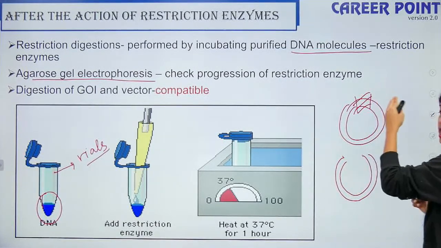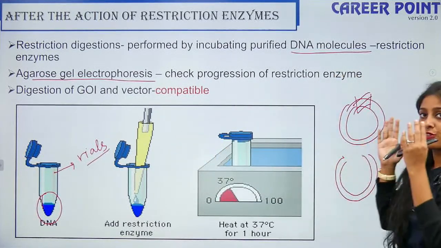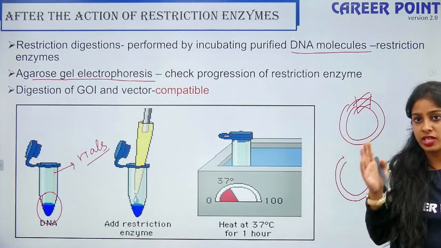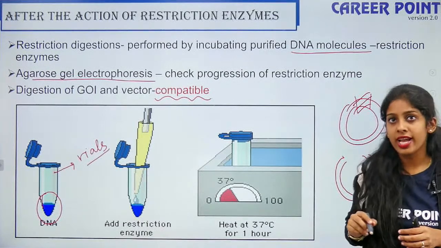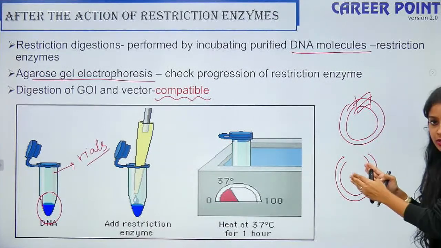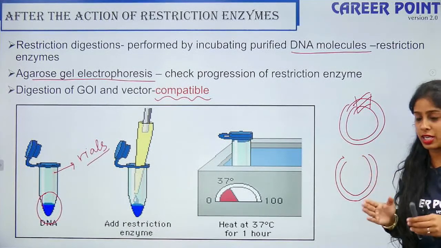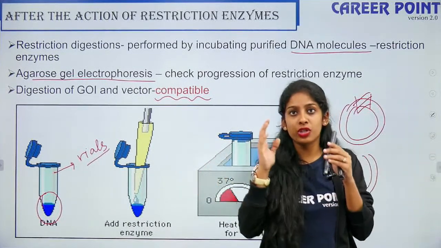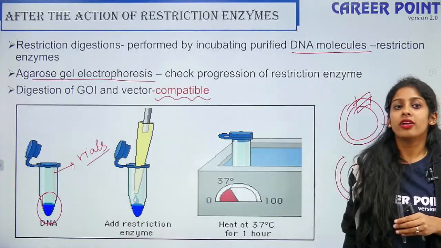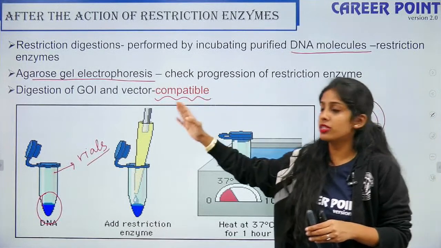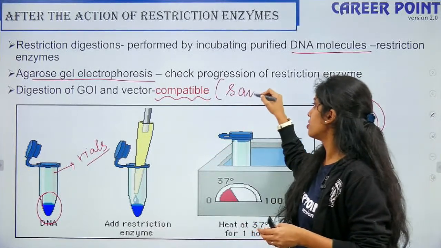Both your gene of interest and your vector have to be chopped off with the same restriction enzyme so that they are compatible. Here also it will chop at the same recognition sequence. So as such, both the digestions should be compatible, so here I mean you use the same restriction enzyme.